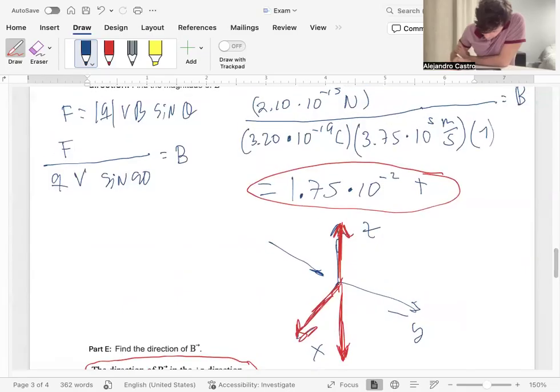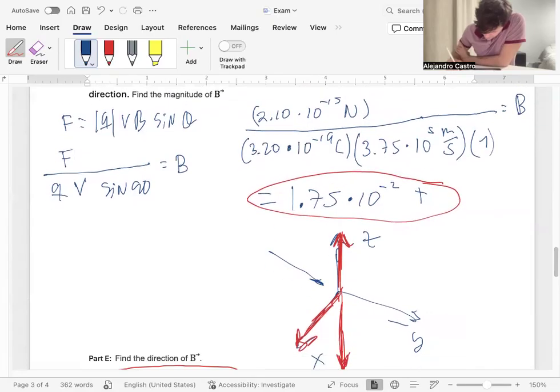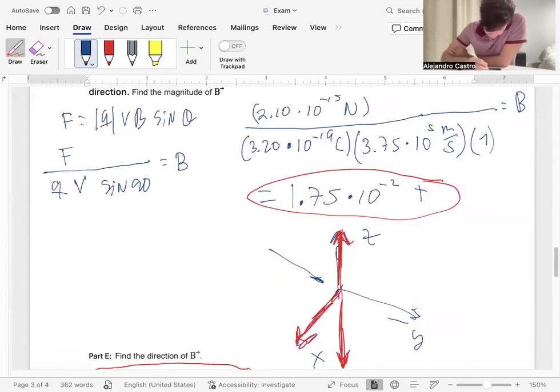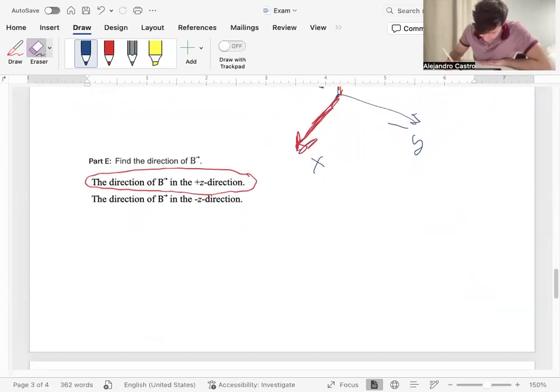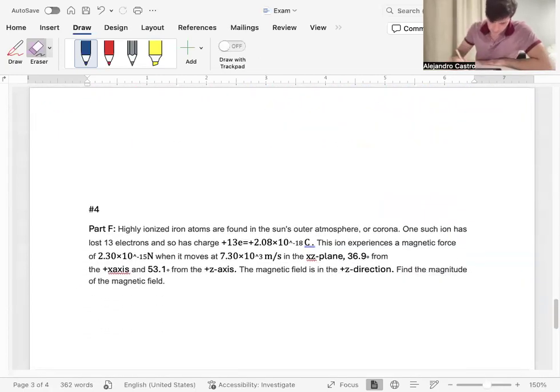If there is a force on the side and it moves forward, it means that there is a field going up. That's what it means. Okay, we are ready to move on. Number 4.